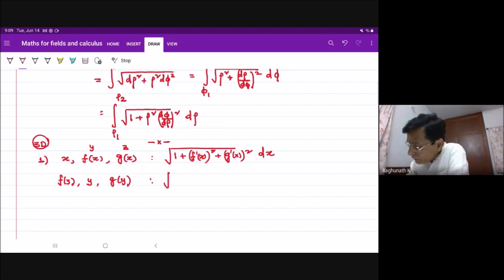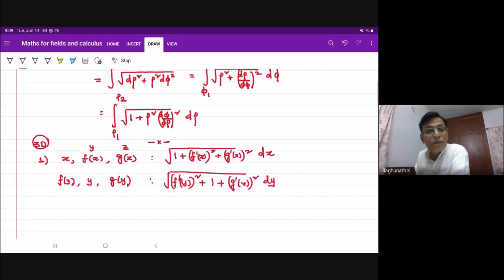If it is given, I will write it as root of f dash of y squared plus 1 plus g dash of y squared dy.